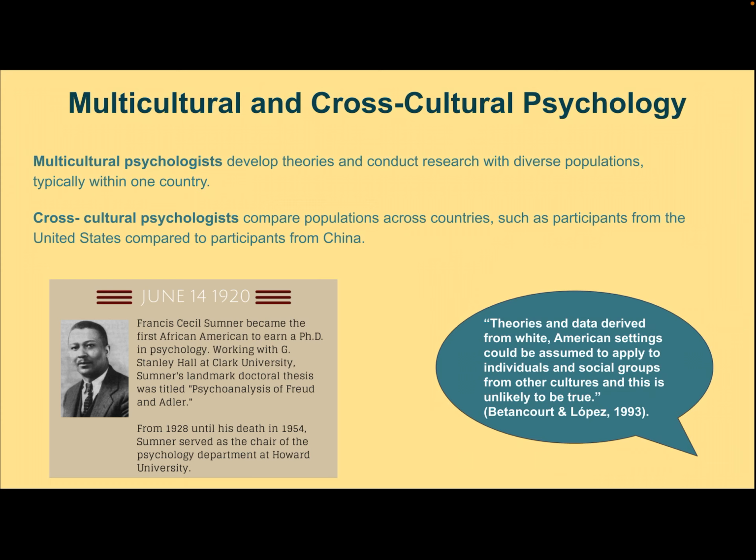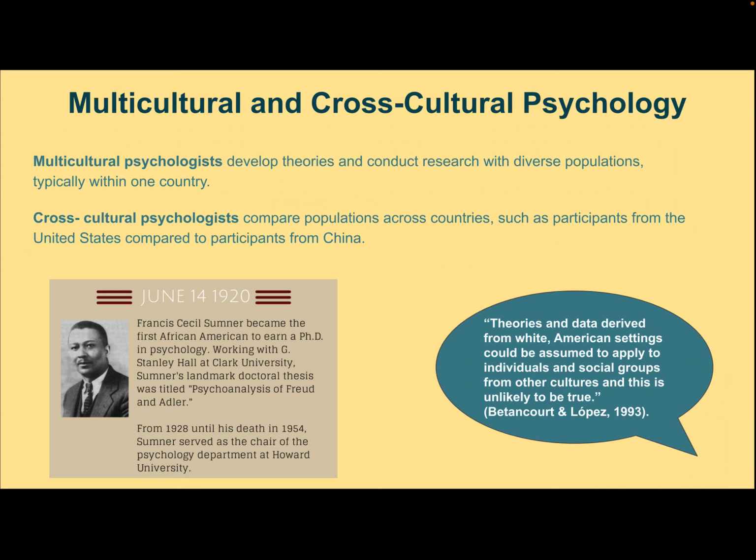And then he went on to work at Howard, which, if you're not familiar with it, is a very famous, prestigious Black university in Washington, D.C. And from 1928 to 54, Sumner was the chair of the psychology department at Howard University. He's a very respected psychologist.